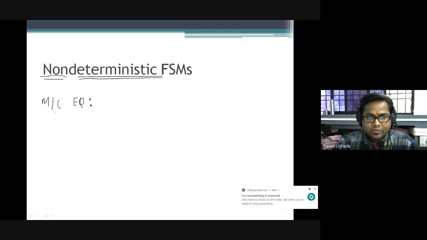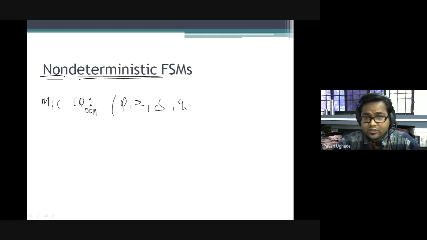let me tell you about the machine equation of DFA. Machine equation in the sense of five tuples. It has states, the alphabets, the transition function, then the initial state and final state, right?